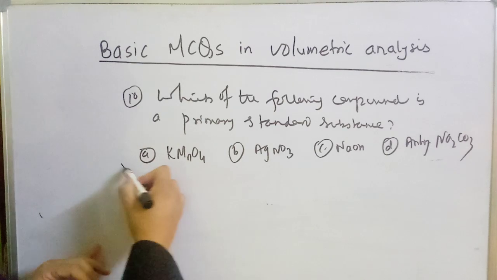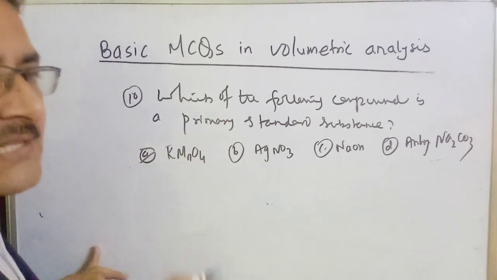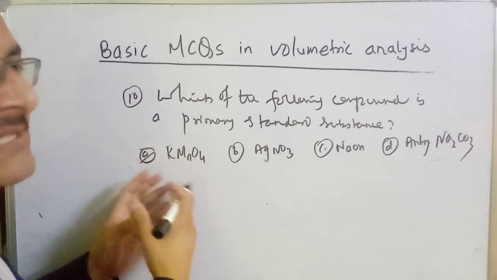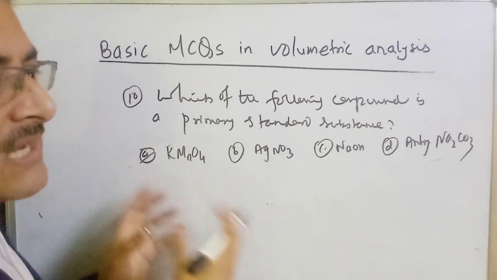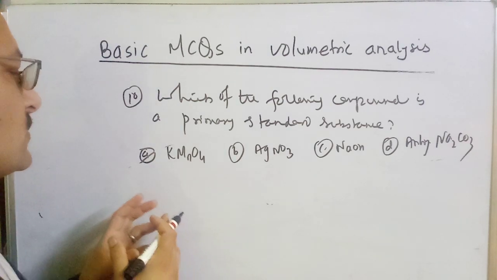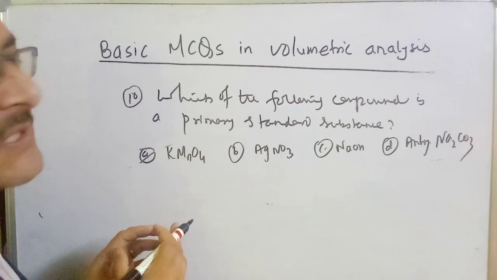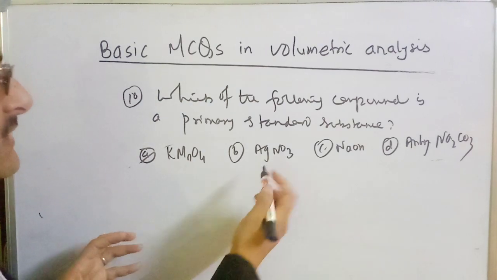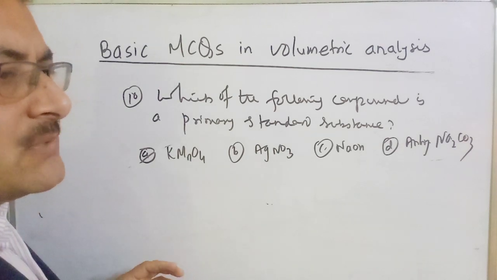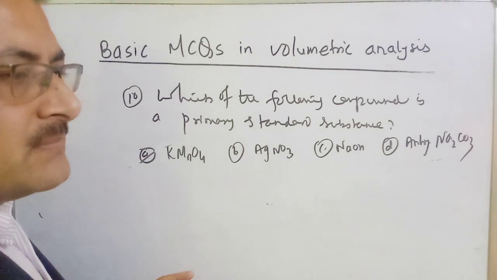For example, potassium permanganate is a light-sensitive molecule, and it gets decomposed into different substances in light or heat. So potassium permanganate is not a stable compound to be used as a primary standard substance. Silver nitrate is also a light-sensitive molecule.